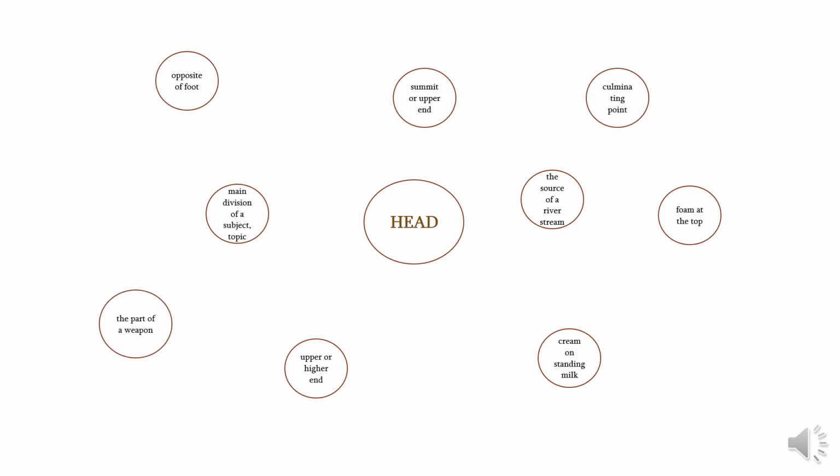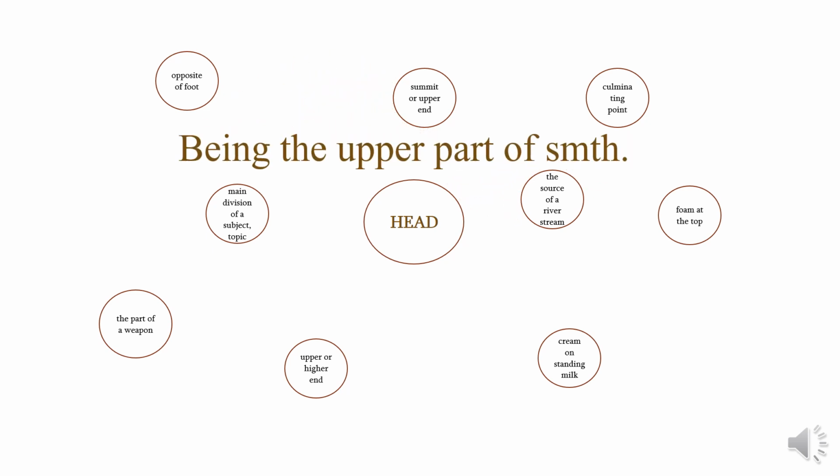If you observe carefully, you'll see that all these meanings share something in common, and that is being the upper part of something. So, being the upper part of something is a semantic component, okay? And this semantic component is responsible for developing these meanings of the word head.